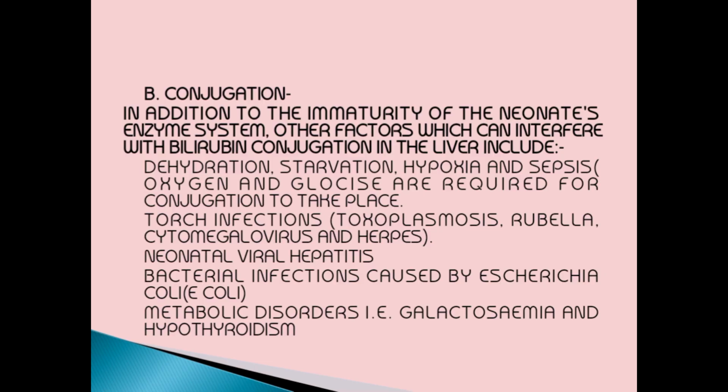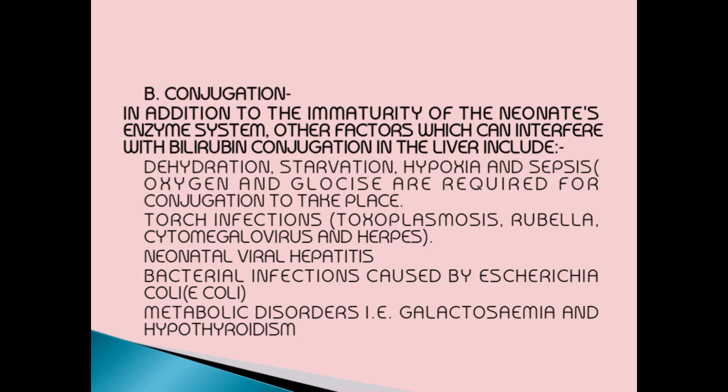We also have some infections such as toxoplasmosis, rubella, cytomegalovirus, and herpes. Neonatal viral hepatitis may also lead to an impairment in the conjugation of bilirubin and hence leads to jaundice. Bacterial infections such as E. coli, and metabolic acidosis, all these may lead to jaundice.